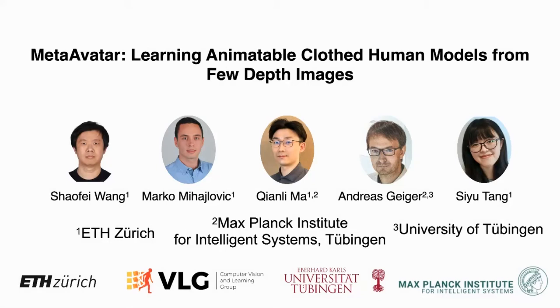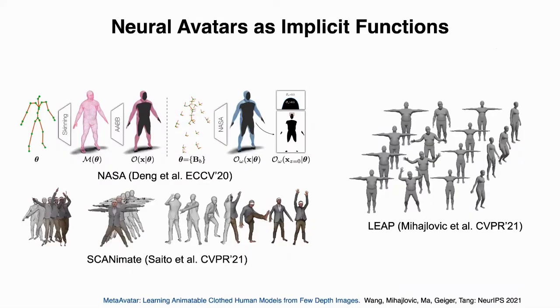Today I'm going to present our work MetaAvatar, learning animatable clothed-human models from few depth images. Modeling neural avatars as implicit functions is a rising topic in the community. NASA is among the first who proposed to model minimally clothed bodies as articulated implicit functions.